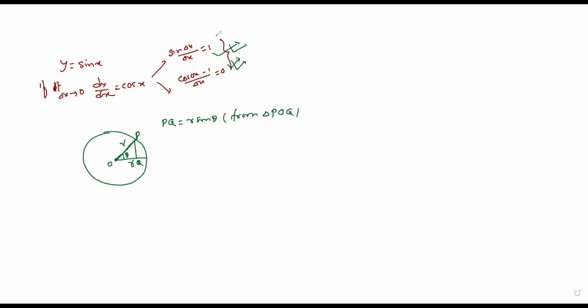Now, if we just see this arc PC, then we know the circumference of the circle is 2 pi r, and here 2 pi is nothing but the angle made by the circle in one complete revolution. So for a small arc, we can write arc length equal to r theta. So we can write PC equal to r into theta.